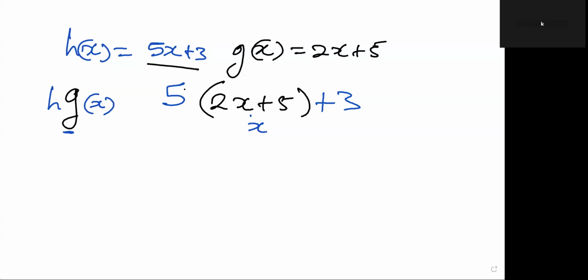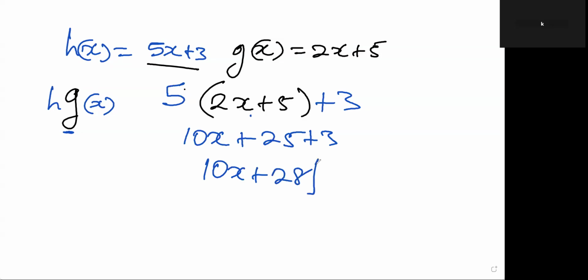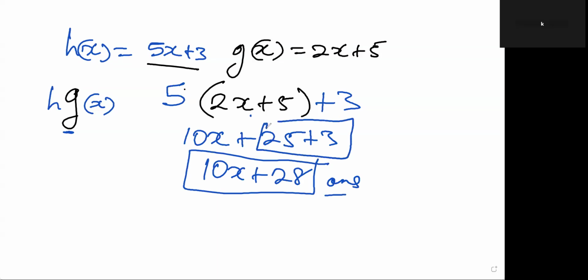And then we expand the bracket. So it would be 5 times 2x, which is 10x. 5 times 5 is 25. And we add 3. So it's 10x plus 28. These are the only like terms, so we add these. Keep back the 10x.